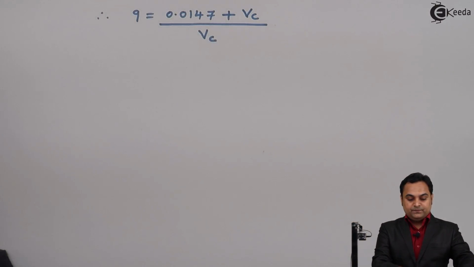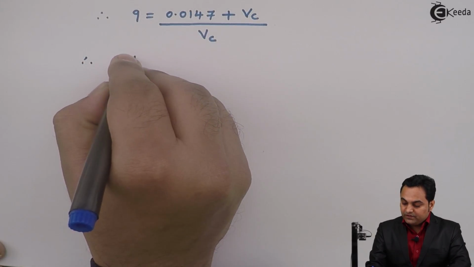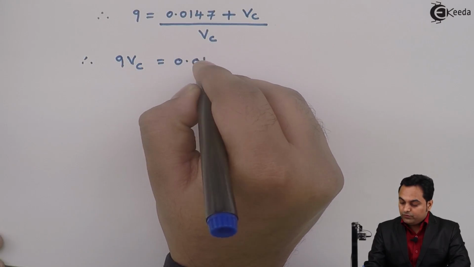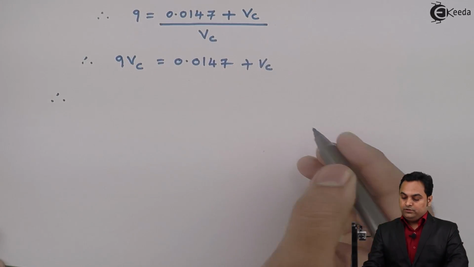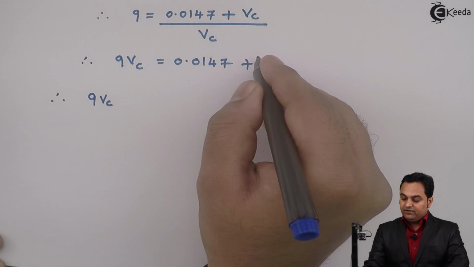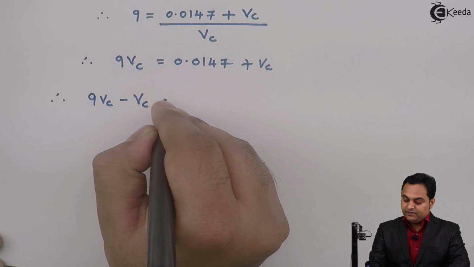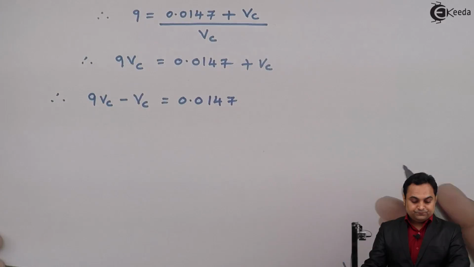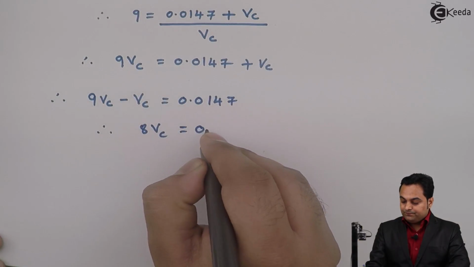So 9 Vc is equal to 0.0147 plus Vc. On the left hand side we have 9 V suffix C, on the right hand side we have 1 Vc, so I'll send it to the other side, that becomes minus V suffix C, equal to 0.0147. Therefore 9 minus 1 gives us 8 V suffix C.